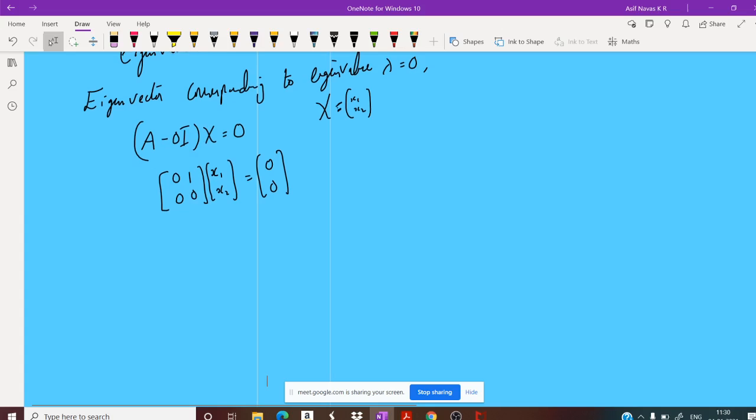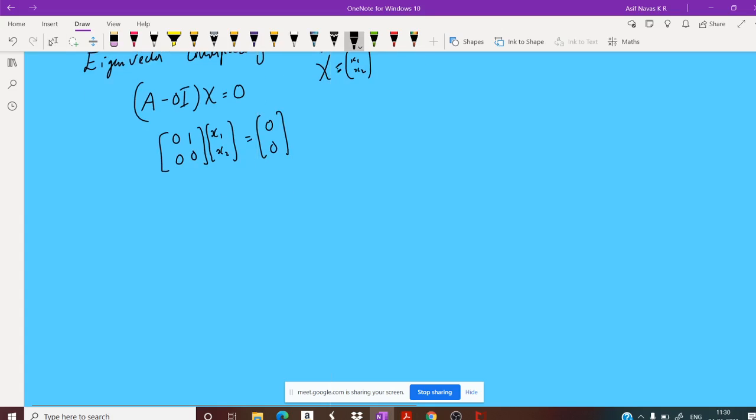Now what is the augmented matrix of A minus 0I? The augmented matrix is 0 1 0, then second row 0 0 0. Now you check whether it is in row echelon form. First you check the first element.